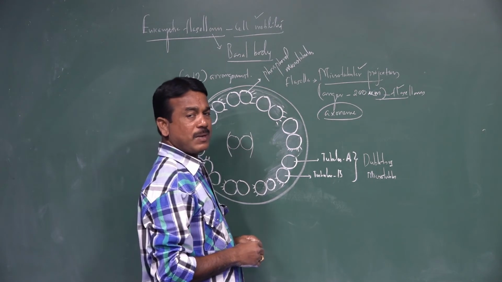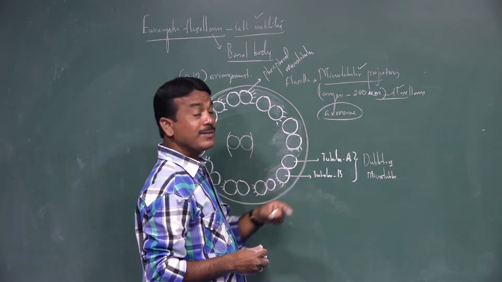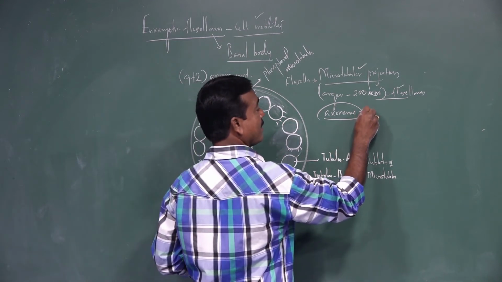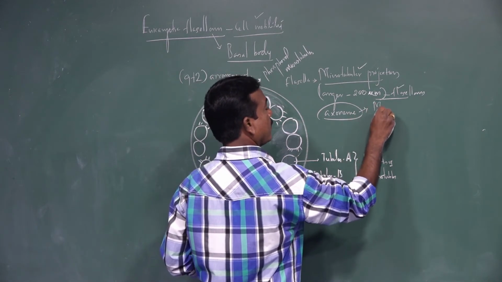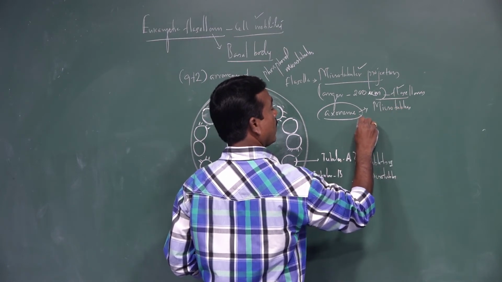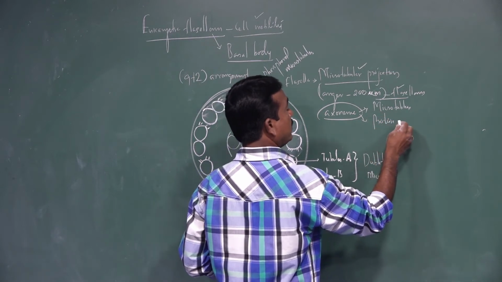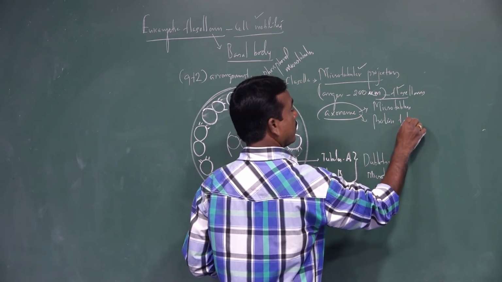The structure of the flagellum has an axoneme, which must be considered as made of microtubules and the protein tubulin.